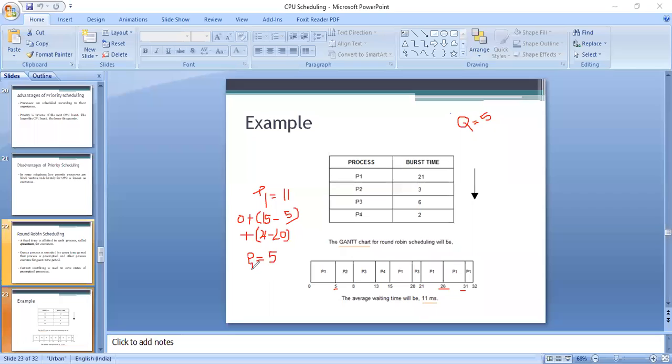And P3's execution waiting time is 8 minus 8 plus 20 minus 13.